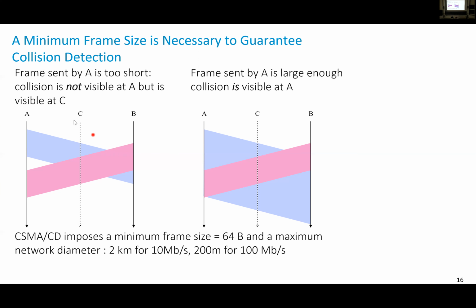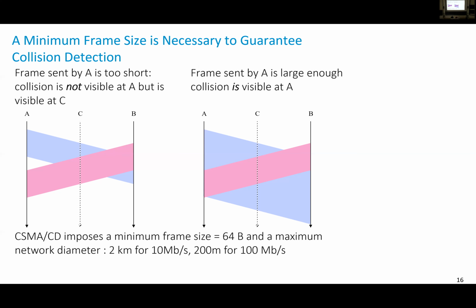But of course, there is a collision for C. And since we don't know who the intended receiver is in this MAC protocol, access protocol, C might have a collision. So there might be a collision that is not visible by some devices if the round-trip propagation time is large compared to the transmission time. This will not occur if the transmission is long enough.